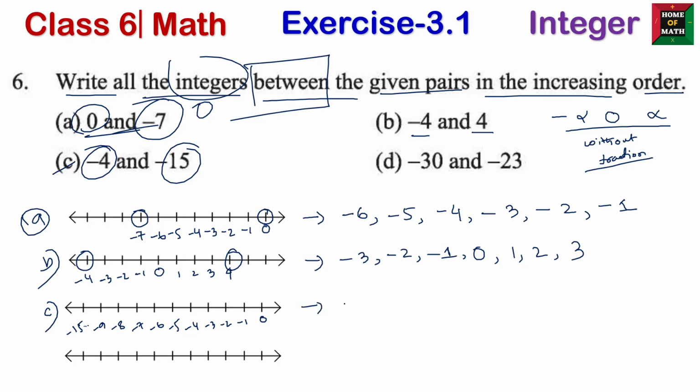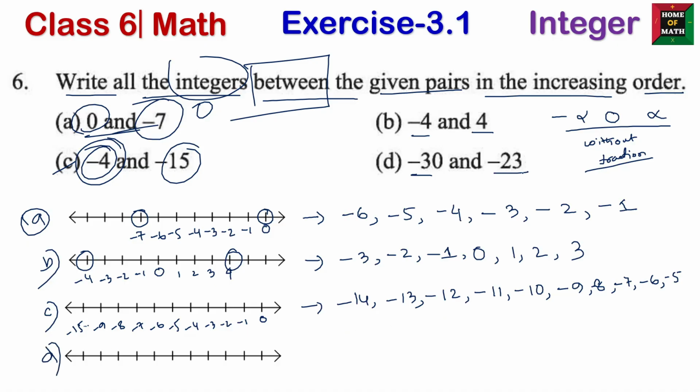So we can write minus 14, minus 13, minus 12, minus 11, minus 10, minus 9, minus 8, minus 7, minus 6, minus 5, but not minus 4. Okay, this is the increasing order from minus 14 to minus 5, because we need the numbers between minus 4 and minus 15. And our last question of number 6 is minus 30 to minus 23.